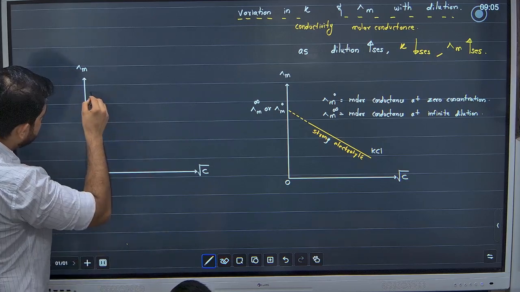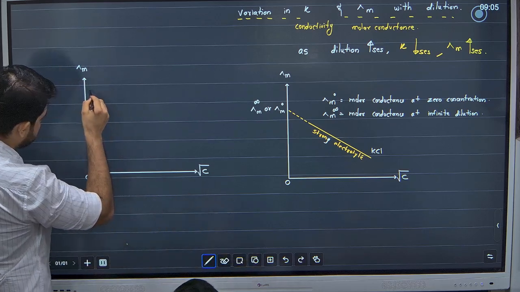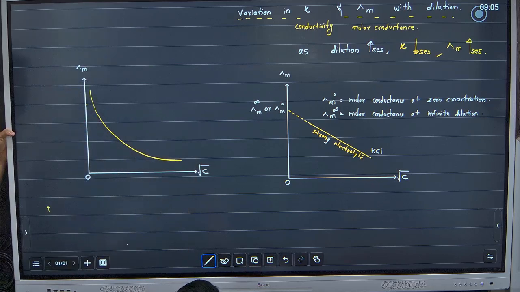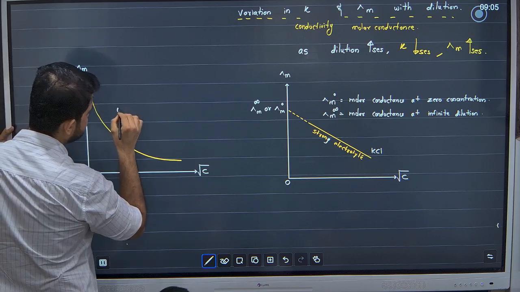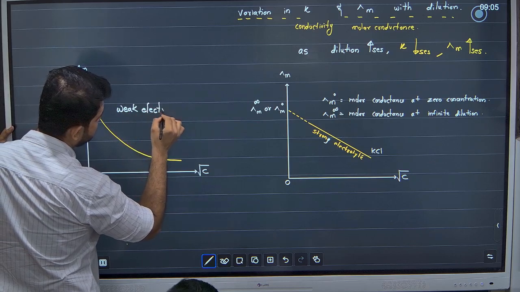The plot will look like this. Did we get that? Will we ever reach zero concentration यहाँ पे? कि at infinity? This is for a weak electrolyte.